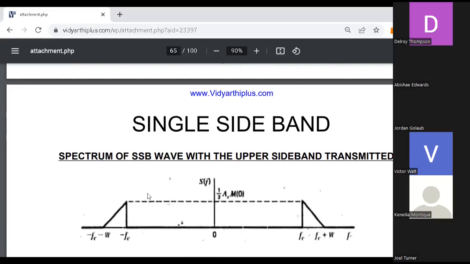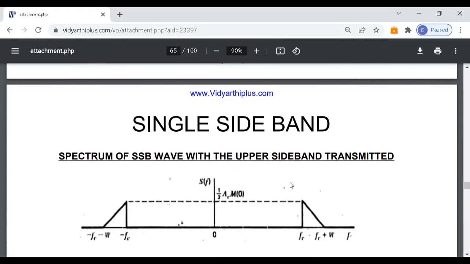We're just using half of it. Right? And I want you to pay attention to the picture, so that when you get into the mathematics, it makes sense.